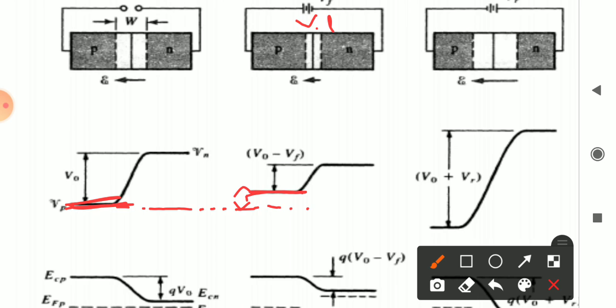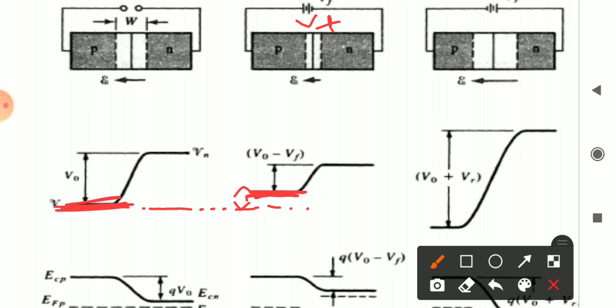Here we are applying the electric field. For that reason, it will not be at the neutral voltage. This is the neutral point, the neutral voltage before applying the electric field. Now it will shift upwards by some value. That value is because of the applied electric field.